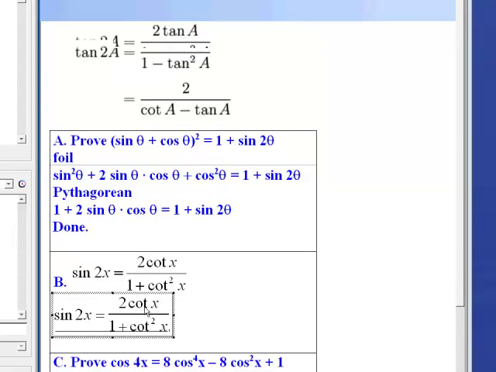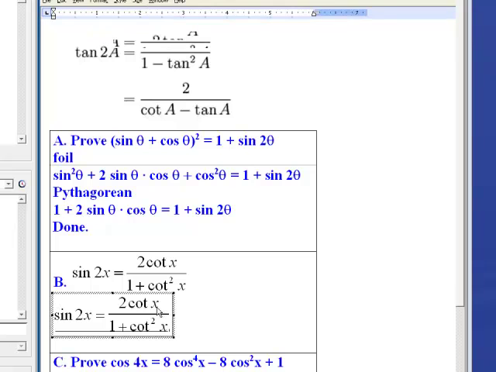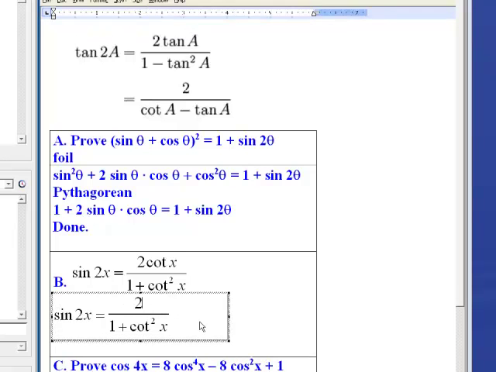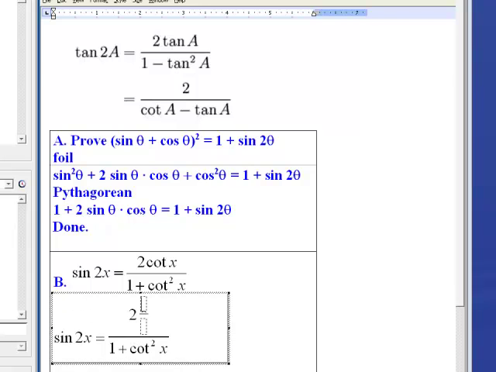So I'm going to turn cotangent into cosine over sine. This one will turn into a fraction, cosine x over sine x, and this one down here will be a square.